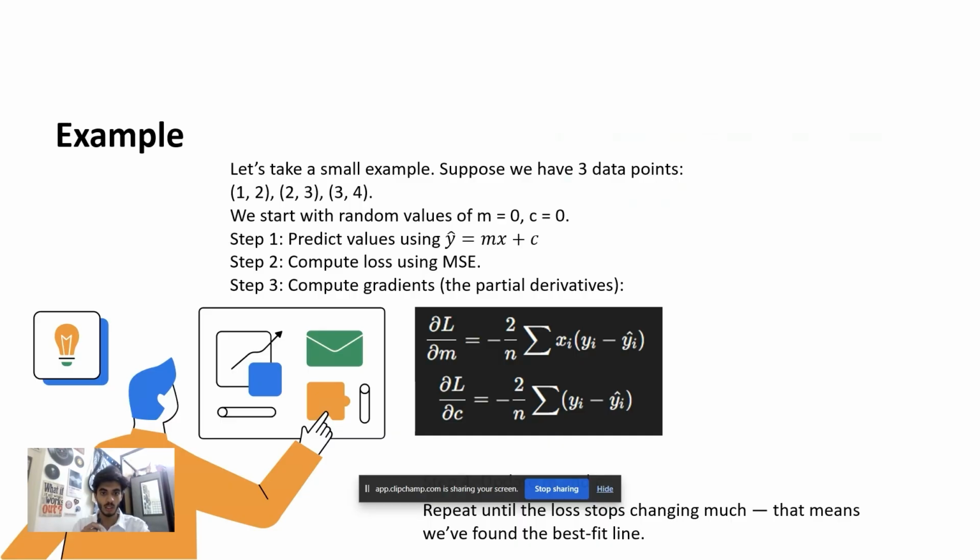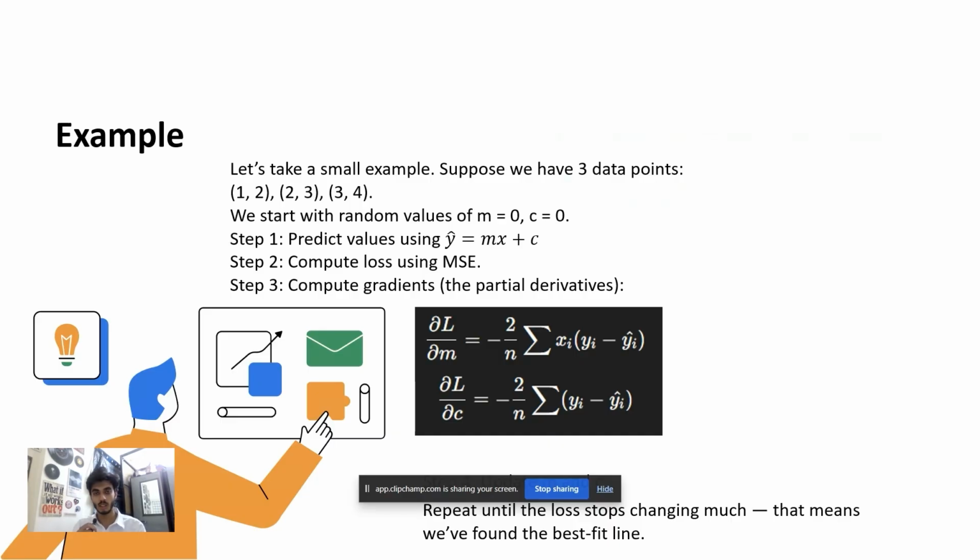Step 2 will be compute loss using MSE, the mean squared error. Step 3 will be compute gradients, the partial derivatives. We will use the given formula for this, and we keep repeating until the loss stops changing much. That means we have found the best fit line.